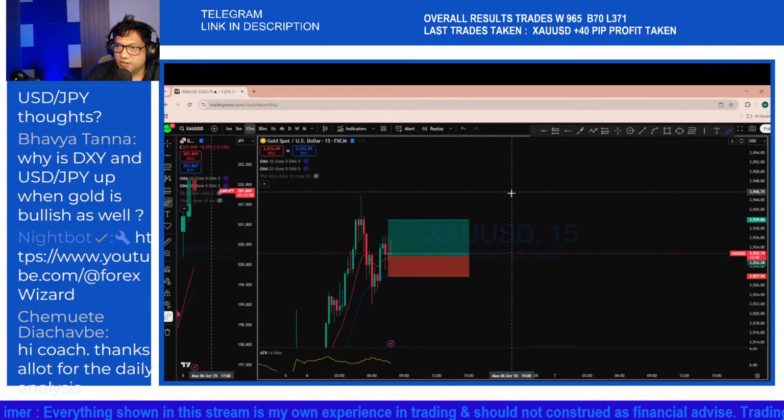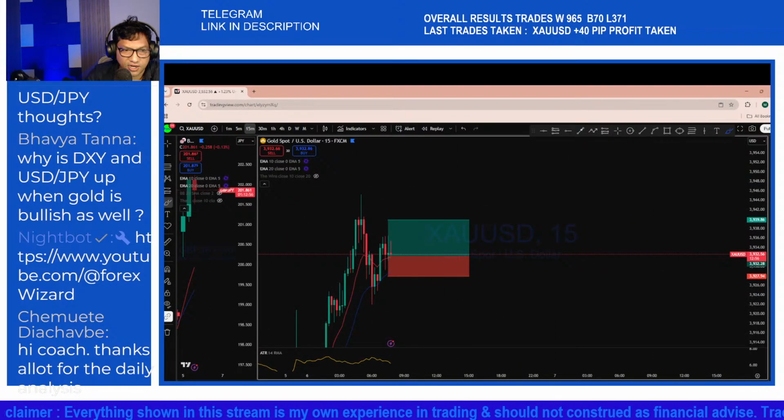Looking at the long-term picture in the market, if you guys look at it, you can see how the market structure is building.